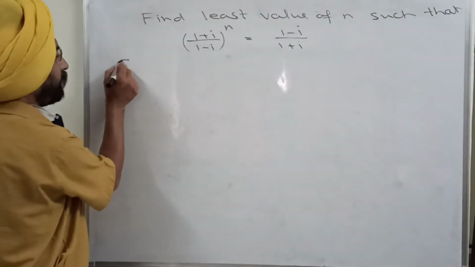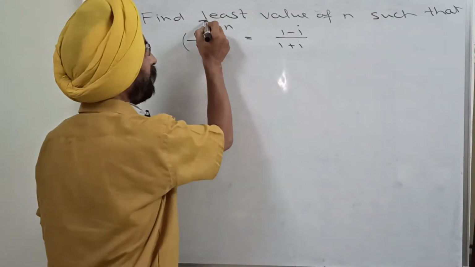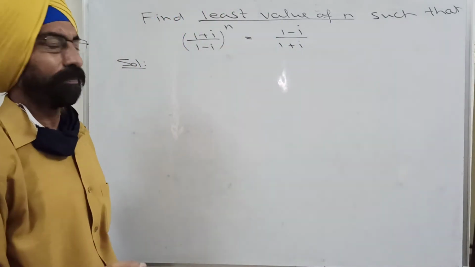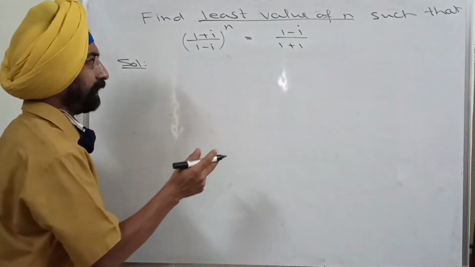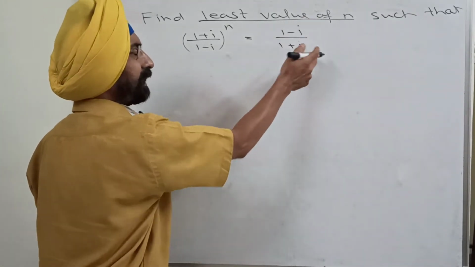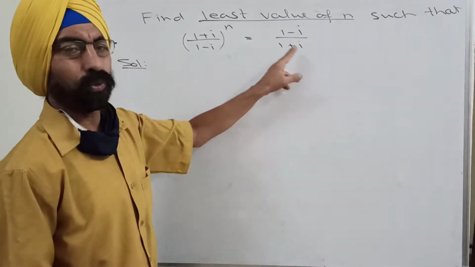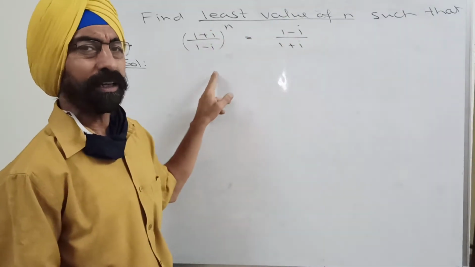So how to solve it? One thing to be noted is that we have to find the least value of n satisfying this equation. Now what I'll start with is this term on the right hand side. If I take it into the left hand side, the denominator will become the numerator and the numerator will become the denominator.